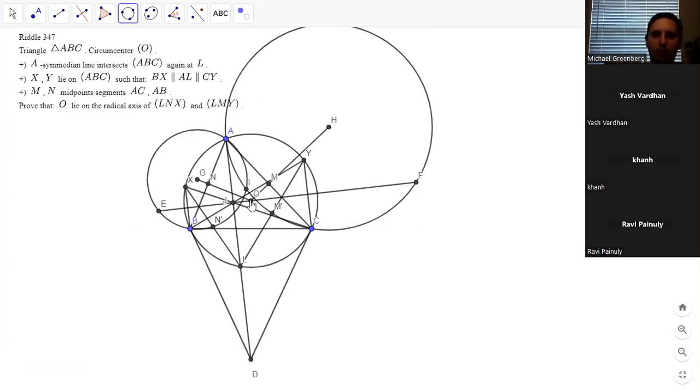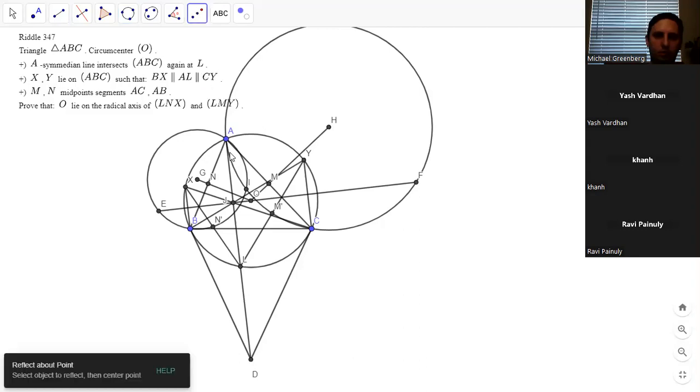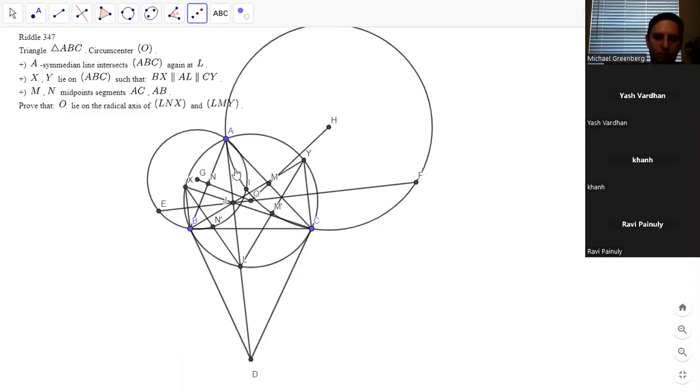The antipode of A has the same power to the two circles. So instead of showing that O has the same power, we could show that A prime has the same power. I kind of like that idea.